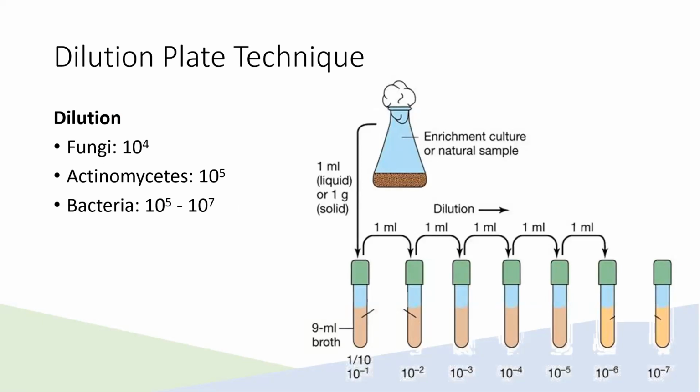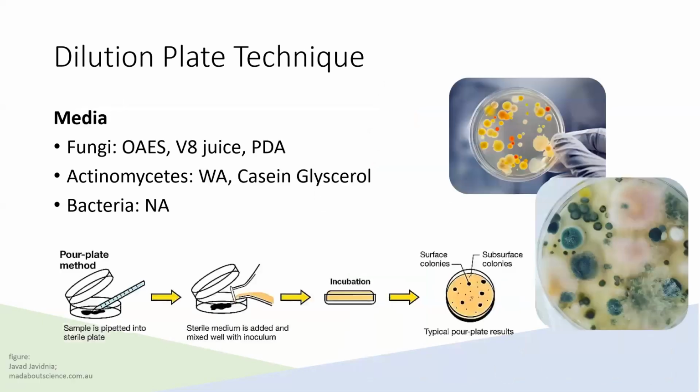Before we culture it in the medium, we need to make a dilution first. Sometimes for fungi we can make dilution until 4, for actinomycetes until 5, for bacteria until 7. After making a dilution, then we pour. You can see in the slide, the pour plate method.